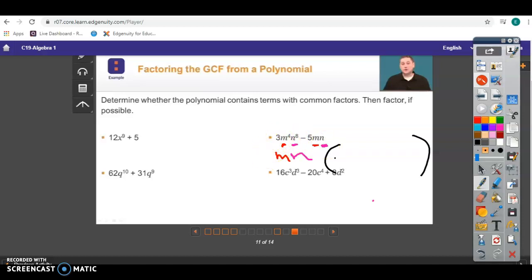So I'm left with 3 inside, 4 m's, and 7 n's, minus the 5 stays right there. And then if I take out an m and take out an n, I don't have anything else left inside right there. Nothing's going to be left.